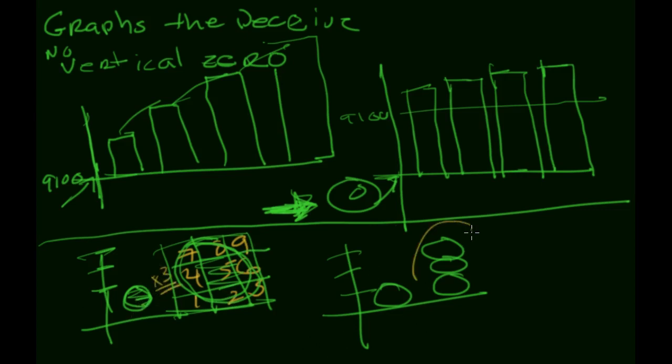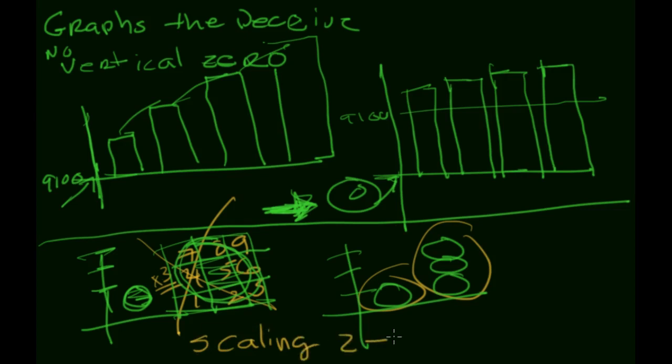So this is an accurate representation of 3 times the size. This is not. What we'll call this is scaling 2 dimensions of the graph. You can either scale its height or you can scale its width, but if you scale both, then you're making the graph seem much, much larger than it is.